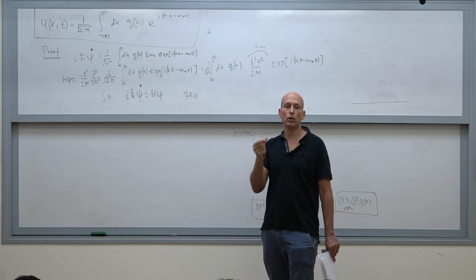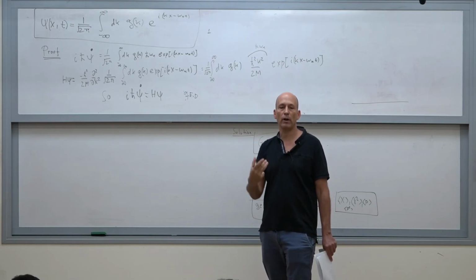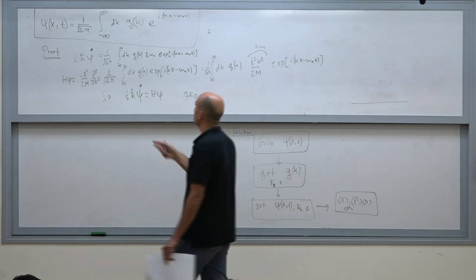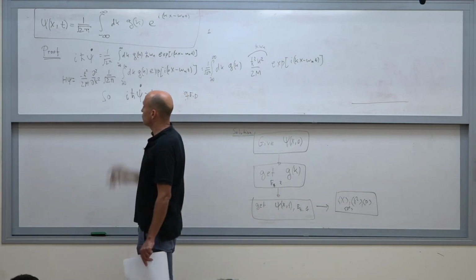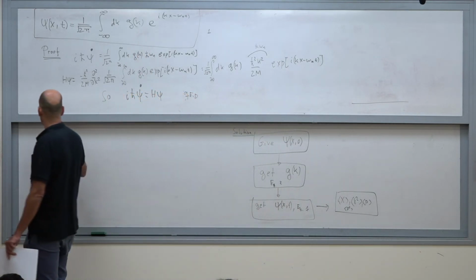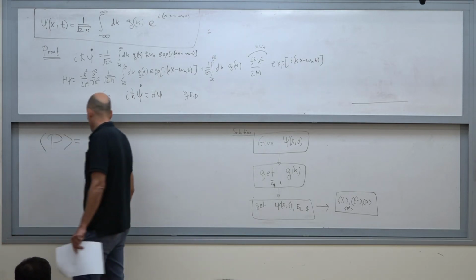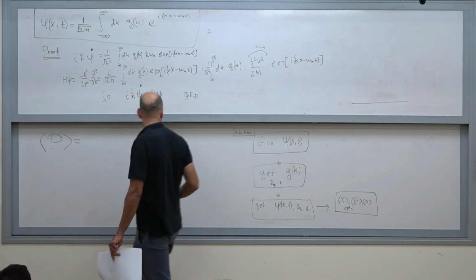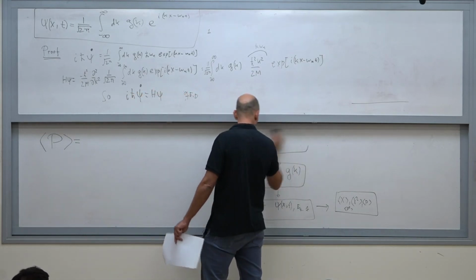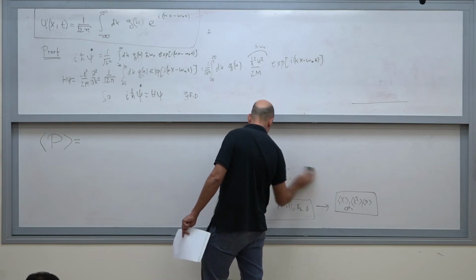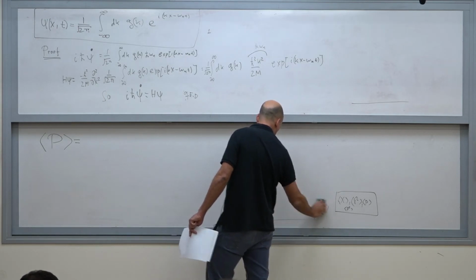And now you have g of k as a wave function in momentum space, some amplitude of finding the momentum k. To see this, let us look now at p average.